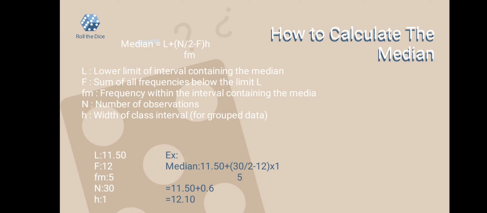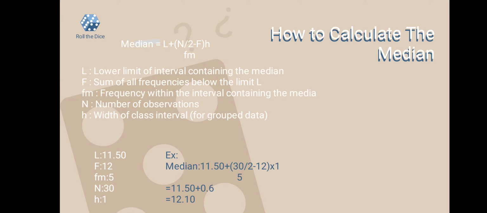And now, as you can see the formula, I will read it in Indonesian, okay? Rumusnya adalah L ditambah N per 2 min F per FM kali H. So here is the example.